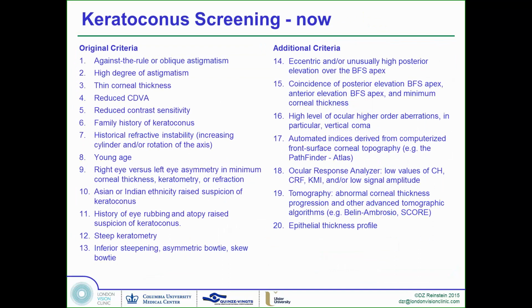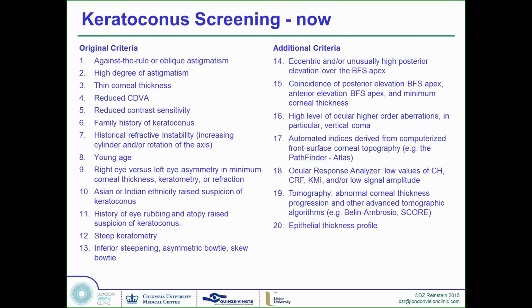So if we go to how we screen for keratoconus now, we have added, of course, a number of machine-based parameters or even automatic analysis factors that give us a better way of alerting us to the presence of keratoconus at the earliest stages. Because obviously the key here, keratoconus is obvious if it's obvious, but what we're trying to do here is to diagnose it as early as possible, before the obvious signs appear.